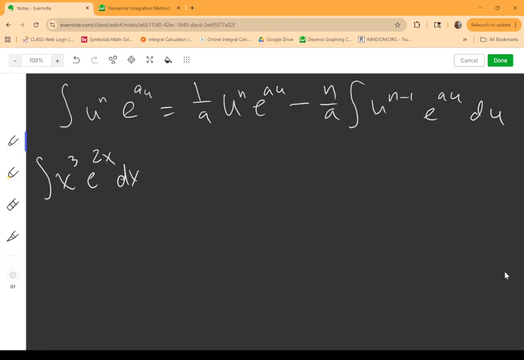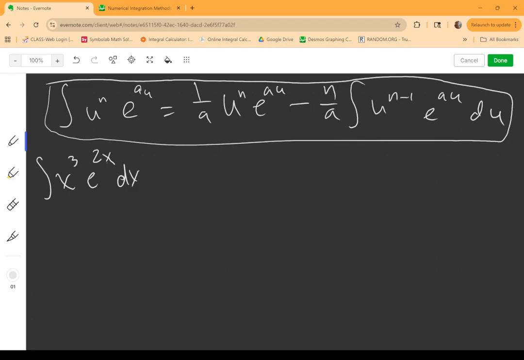Now, I looked this up in my table, and this is the result that it gives me. So for my particular example here, n is 3, and my a is 2.